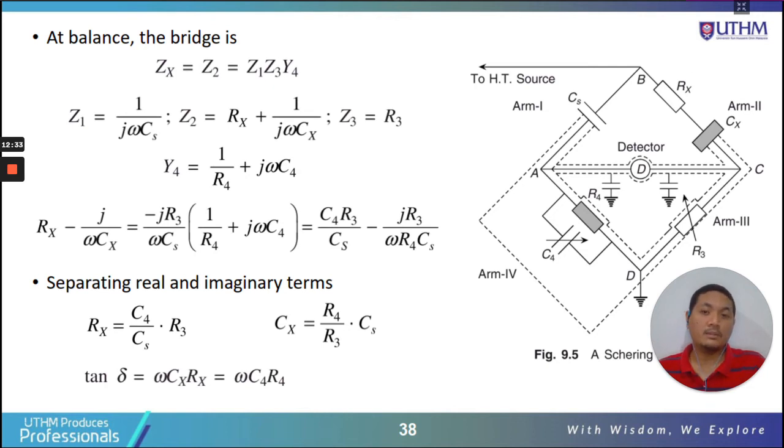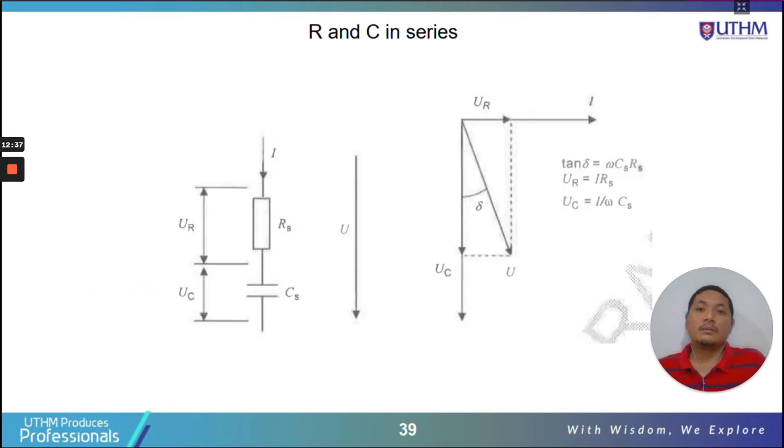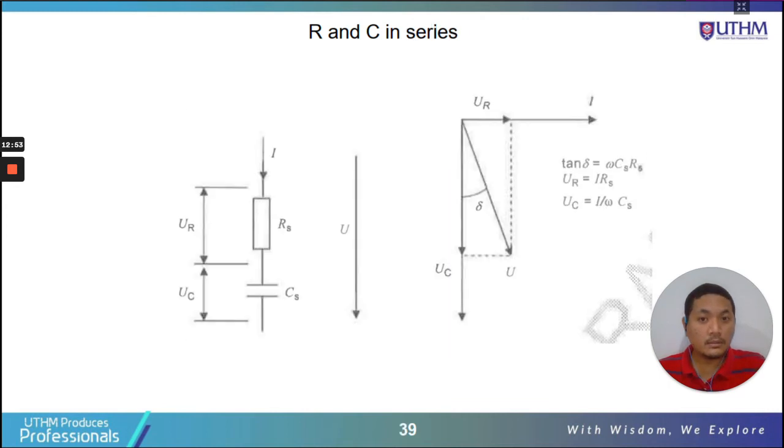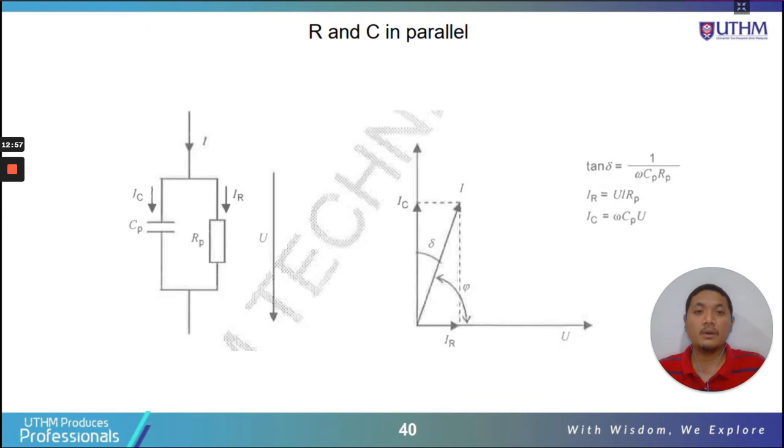You can try this on your own. This is for R and C in series, which I explained in a previous video, and R and C in parallel was in the previous video.